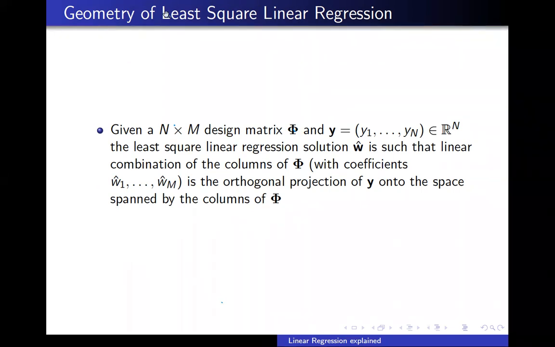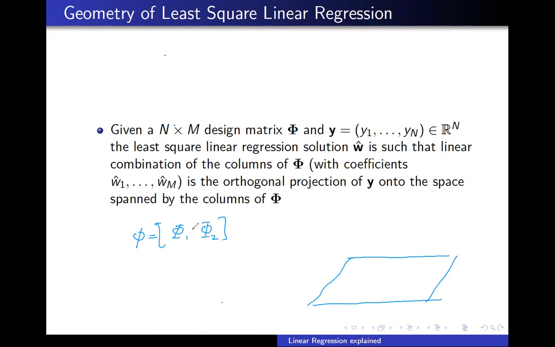and let's try to see what this orthogonal projection actually means. Let's say your phi has two columns, phi 1 and phi 2.